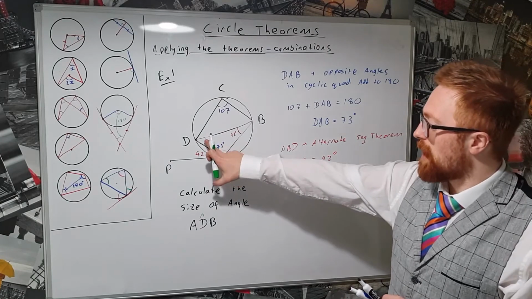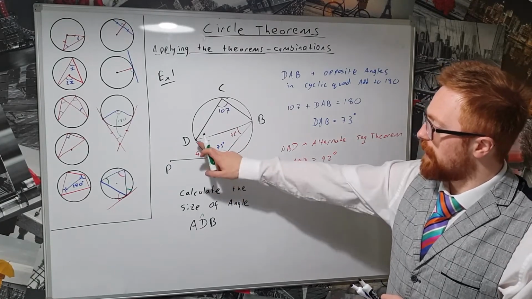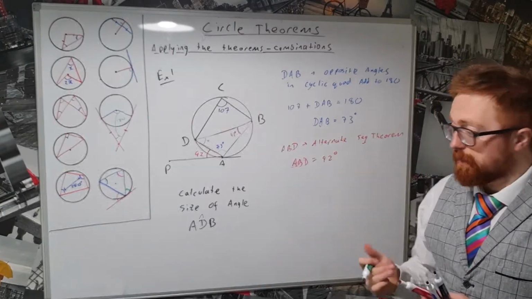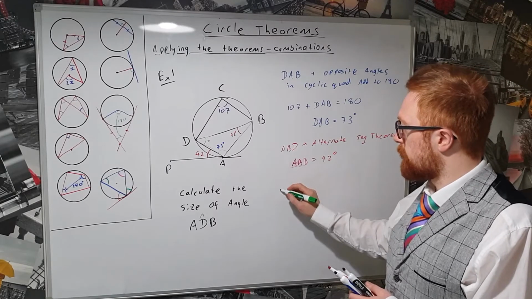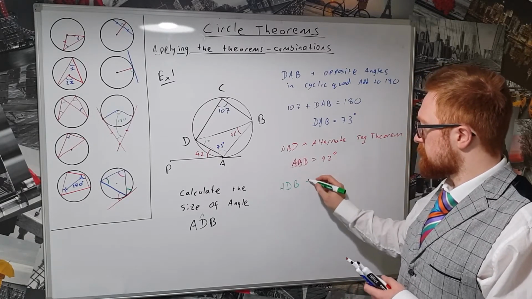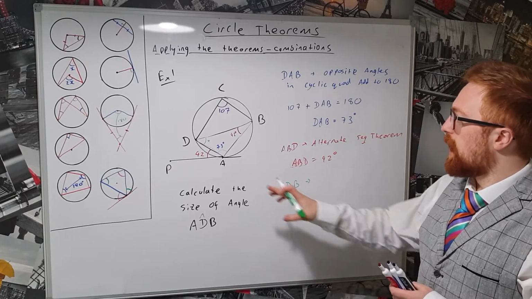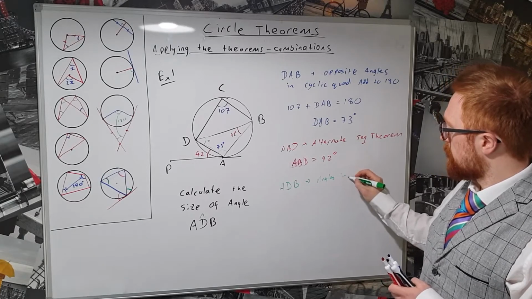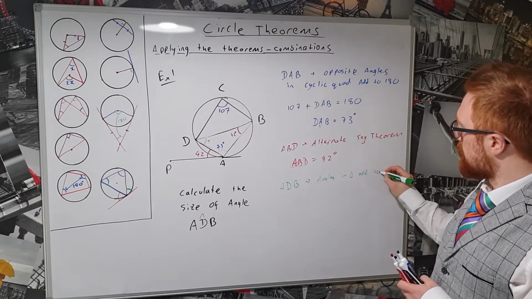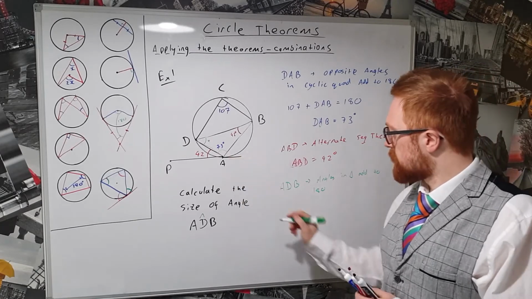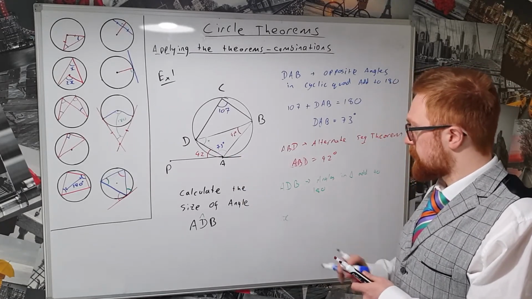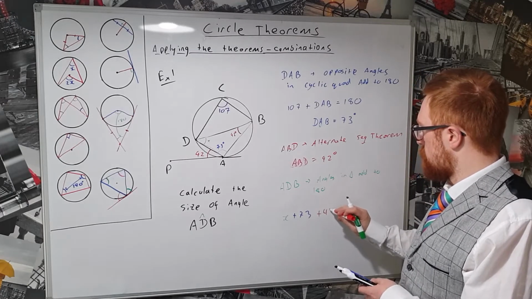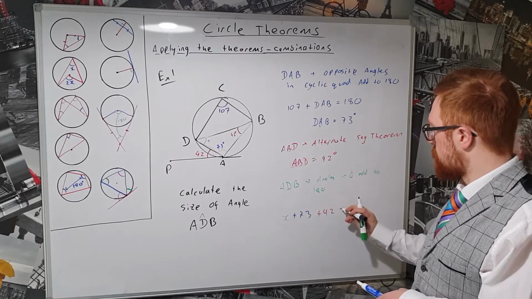So now I've got X, and I notice that in triangle ADB, this x is the only angle we don't know now. We know the other two angles, so we can work out what x is. So we can work out ADB because angles in a triangle add to 180. So I know that x plus 73 plus 42 are equal to 180.